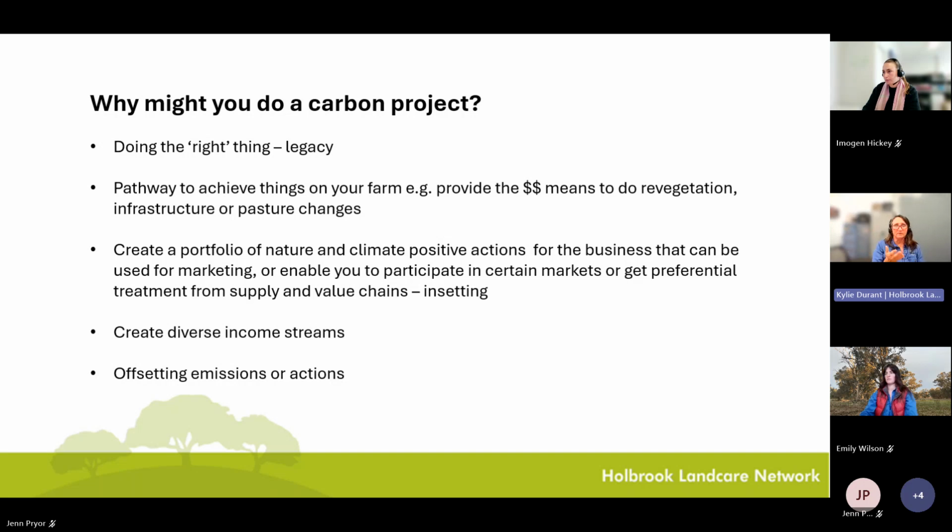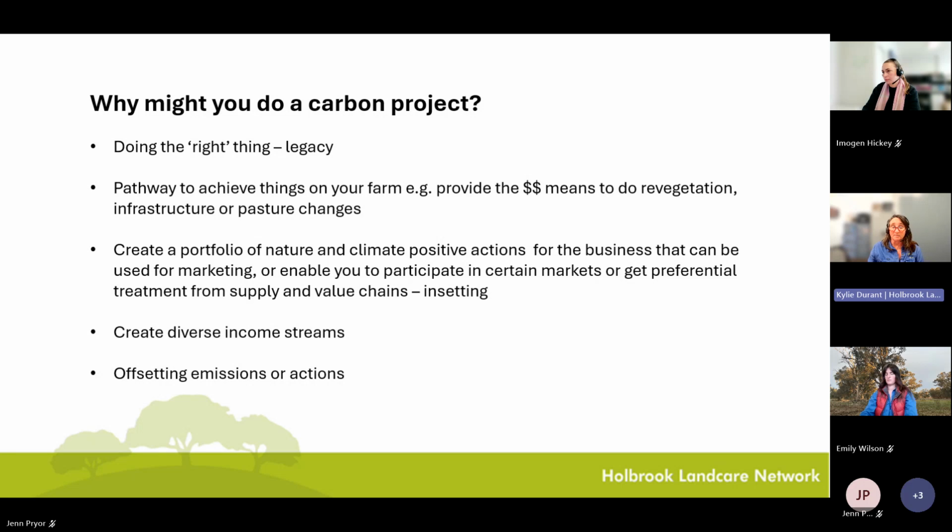Would the income from the carbon project be comparable to the income that I'm getting from agriculture, or would it be better without all the problems that go along with it? And in harder times, in drought times, is that income that could come into the farm business, which is not reliant on, or subject to the risks of, the climate extremes?